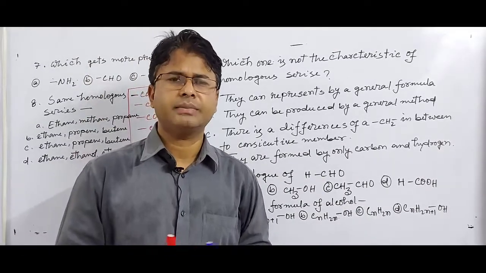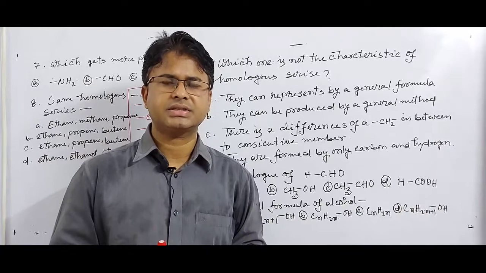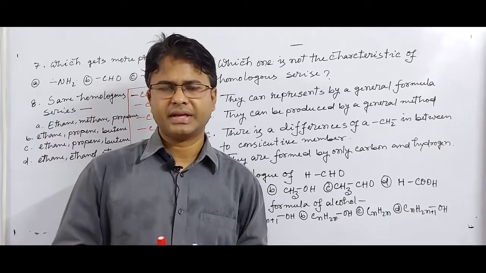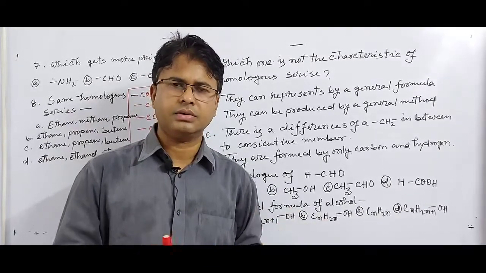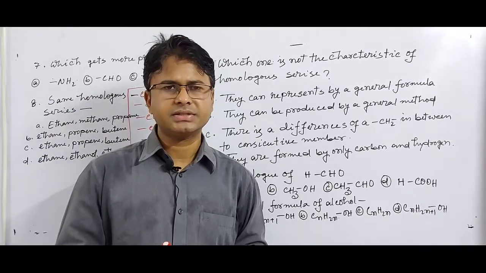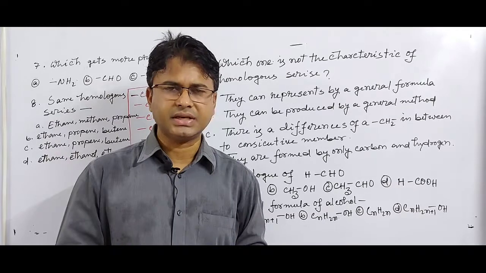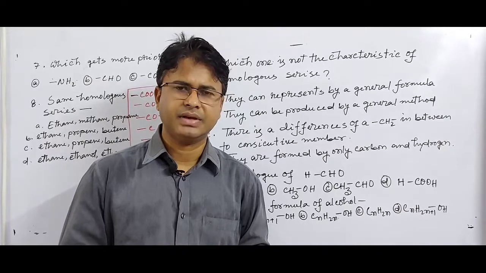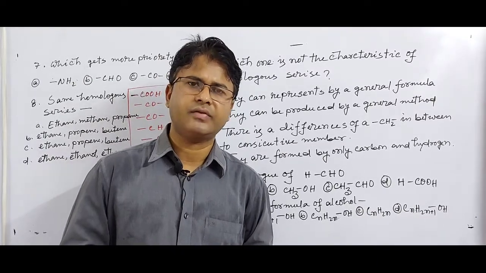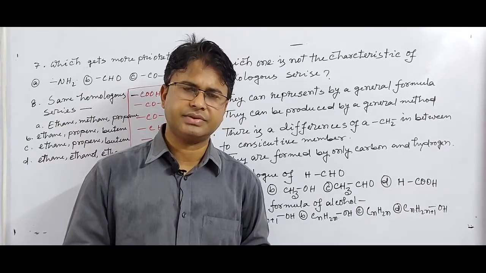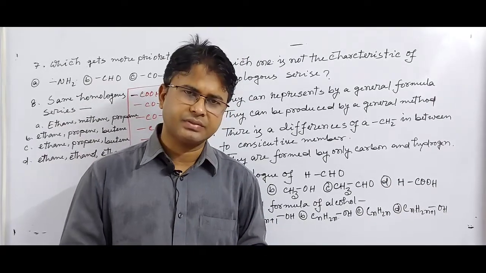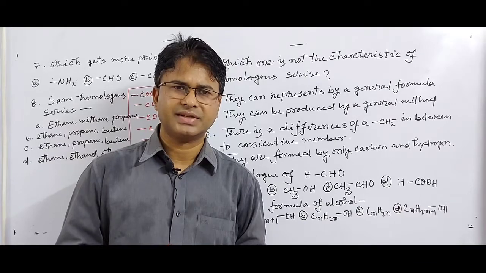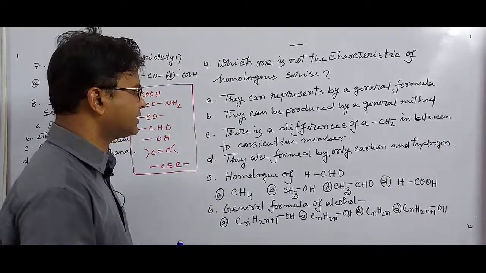Students, you know that the members of a homologous series are known as homologues of each other, and the physical and chemical properties of all the homologues of a homologous series are similar to each other, and they can be produced by a general method, and they are formed by the same atoms, can be represented by a general formula, and all those are the characteristics of homologous series.